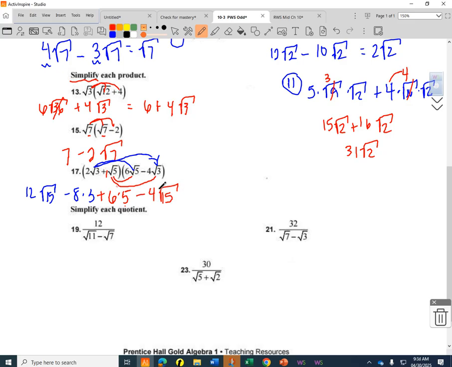So now we combine everything that we need to combine. That's going to be minus 24. That's going to be plus 30. So negative 24 plus 30 is 6. So we're taking care of those. And then 12 square root 15 minus 4 square root 15 is what, Brooklyn?